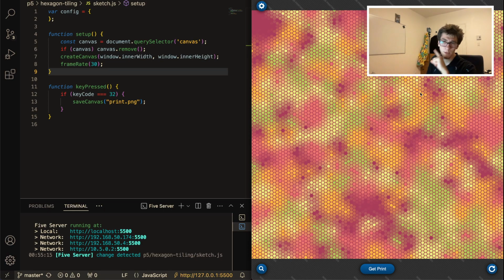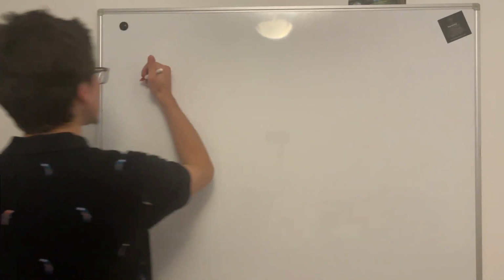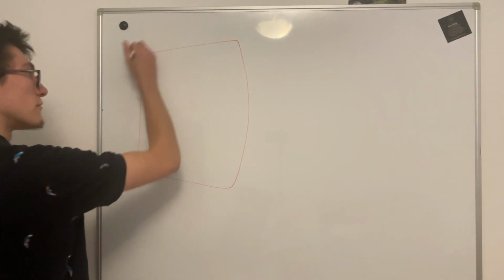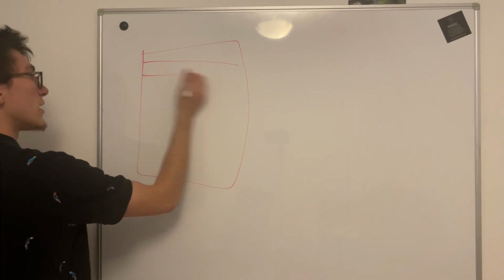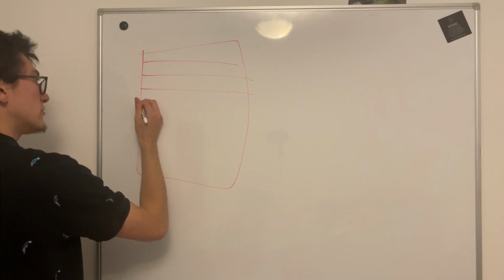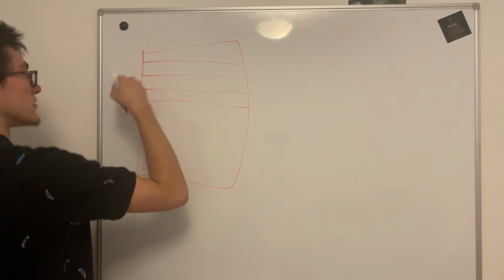Great. So let me go on the whiteboard and explain what I'm thinking in my head right now for this sketch. Let me take a pen. So basically, we have the canvas here, right? And instead of making a grid of squares like this, it'll be a grid of hexagons.